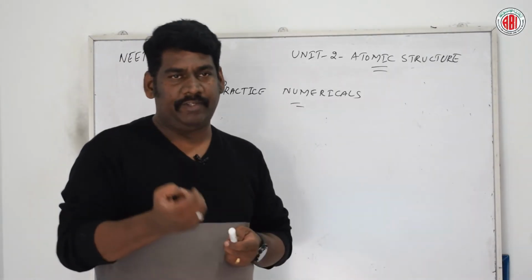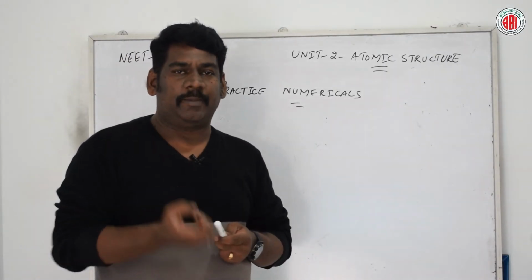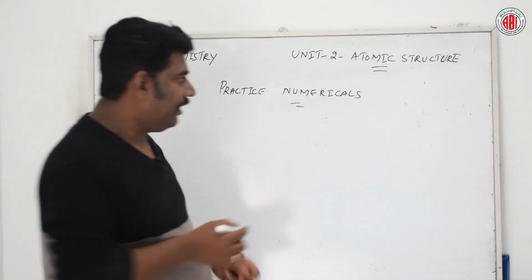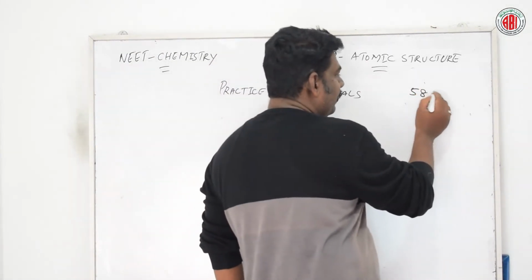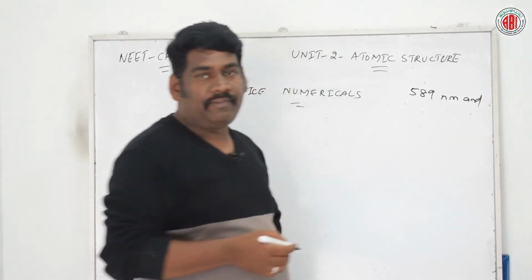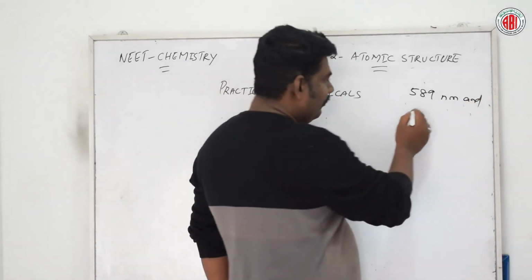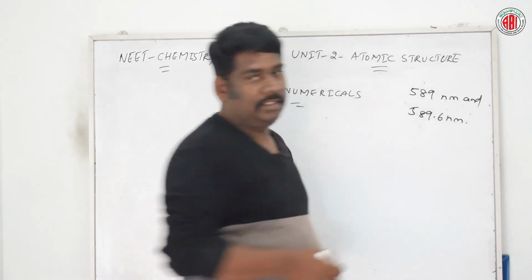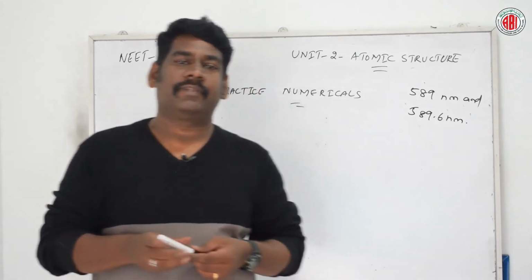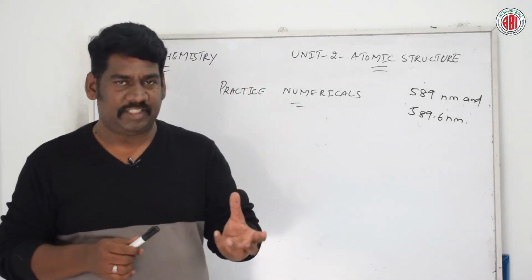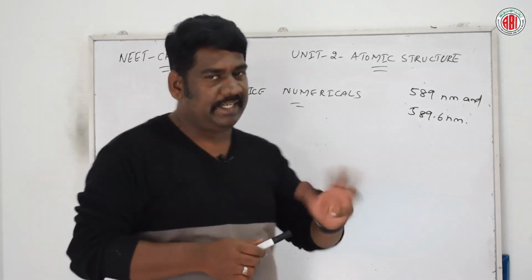So here we have the doublet absorption transition observed at two different wavelengths, 589 nanometer and 589.6 nanometer. Let us find the frequency of each transition and the energy difference between these two transitions.